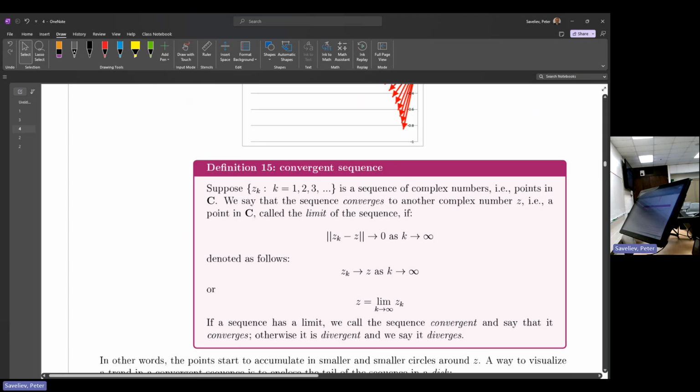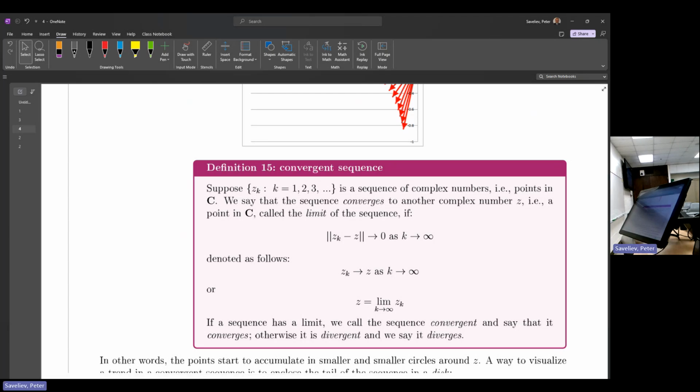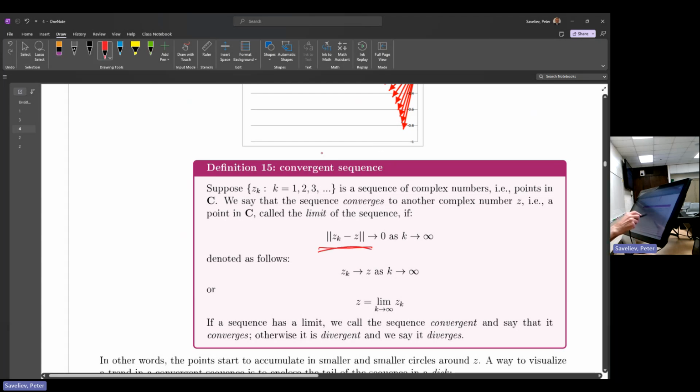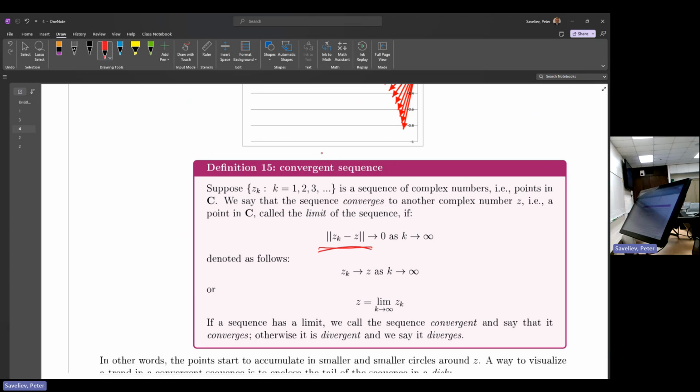Once again, without referring to any more complex algebra of complex numbers, we are borrowing Euclidean geometry from R2, and so we can measure distances on that plane. Remember what this is? This is the norm of your vector, in other words, the distance between the 2 points, and that is supposed to converge to 0.